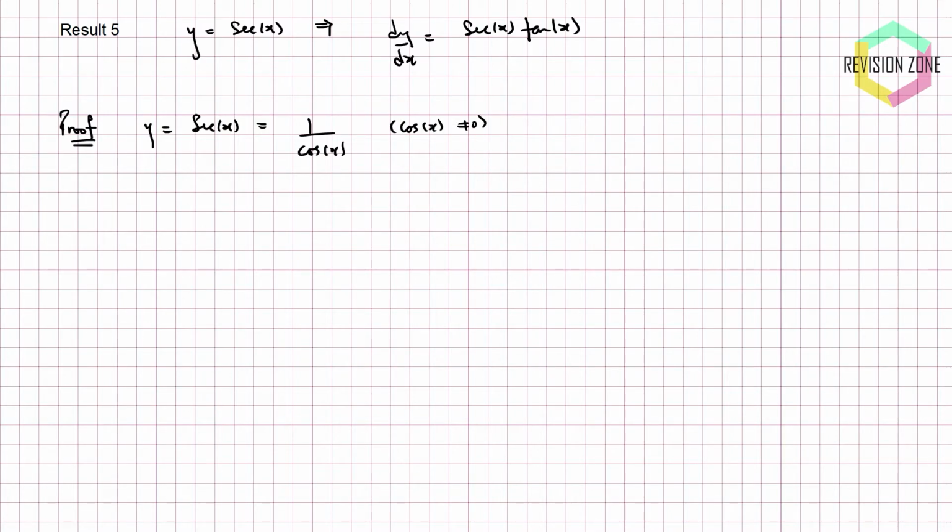So how are we going to differentiate this? Well, we can differentiate it using the quotient rule, but I think it's easier to differentiate it by basically saying it's cos x to the minus 1. And now we can use a version of the chain rule.